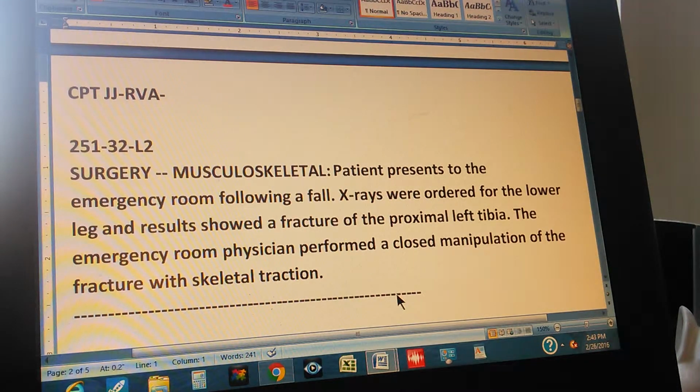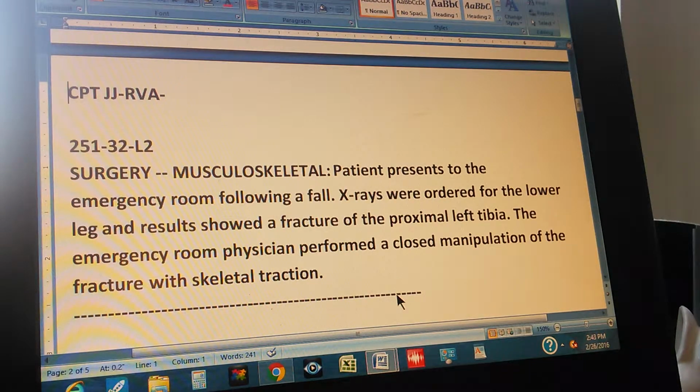Patient presents to the emergency room following a fall. X-rays were ordered for the lower leg and results showed a fracture of the proximal left tibia. The emergency room physician performed a closed manipulation of the fracture with skeletal traction.